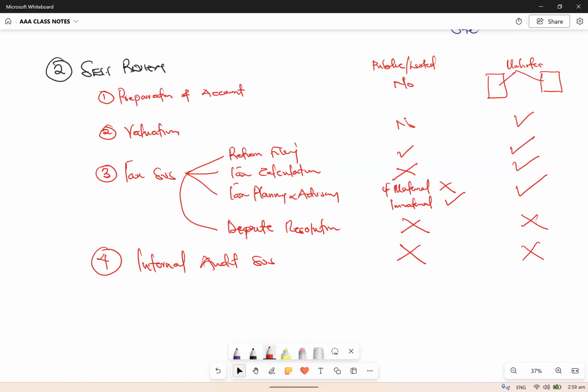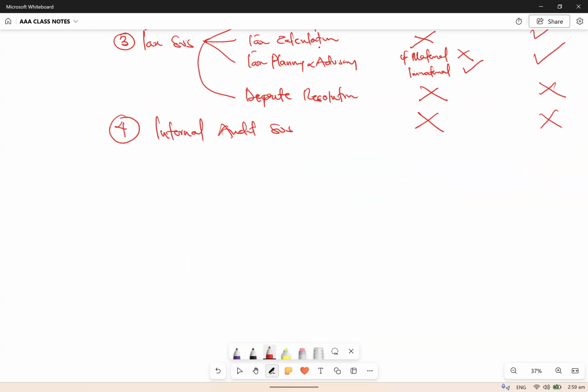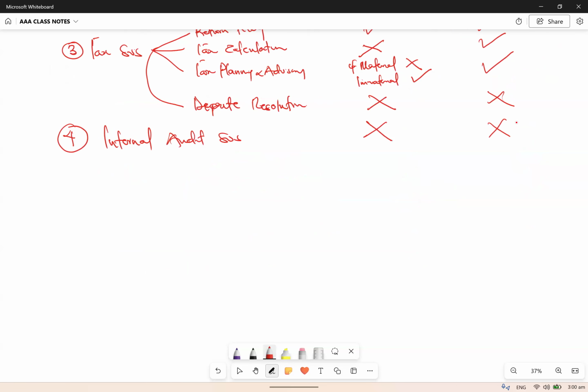Because in the audit process, you audit the internal control. It is part of the audit process. So here, there is sometimes leeway of saying you can use a separate department just because these people are private.